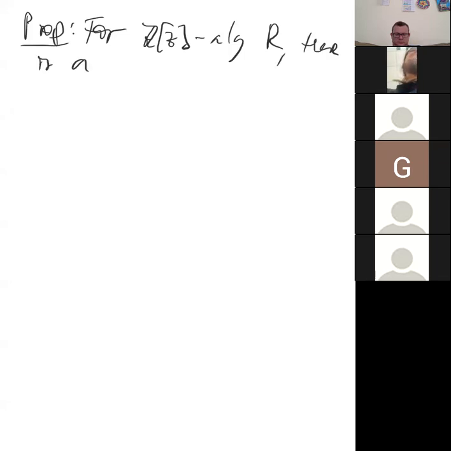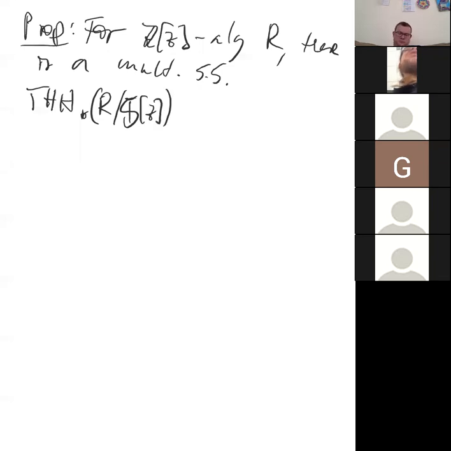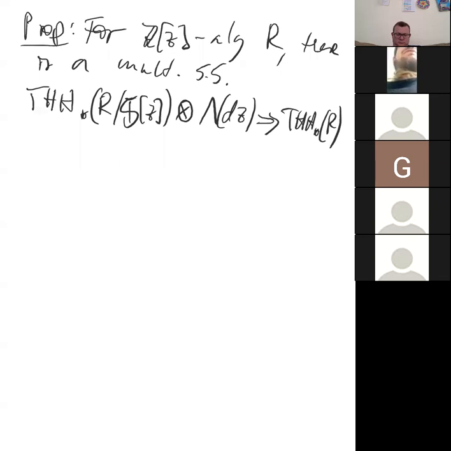There is a multiplicative spectral sequence which takes the following form. The input is this relative THH tensored with an exterior algebra. So you just adjoin one exterior generator, and you get THH of R. So this is kind of a cheap spectral sequence, right? It just has two lines. So you could also write this down as an exact sequence, but for the multiplicative structure, it's nicer to package it in this way, or like a long exact sequence.